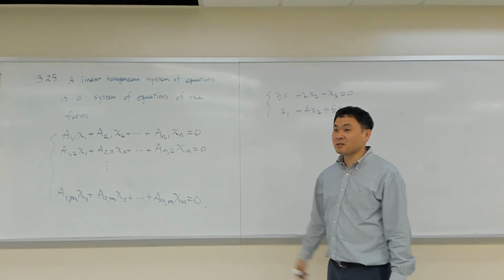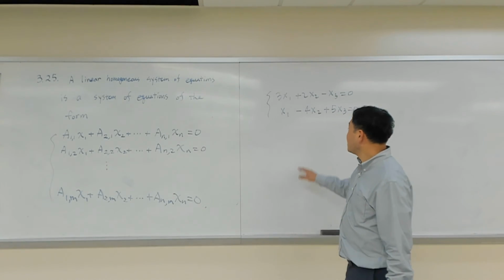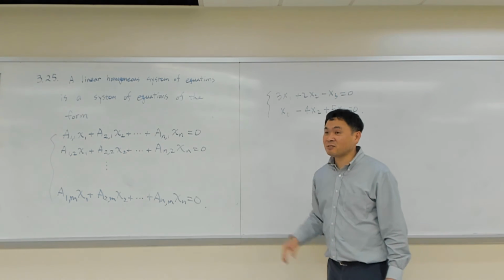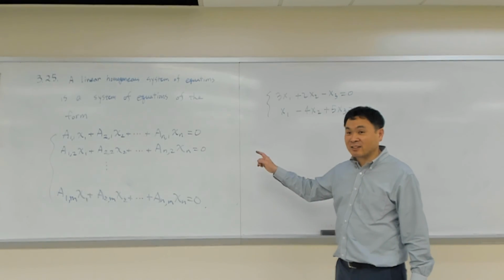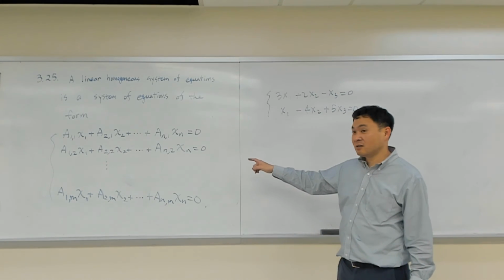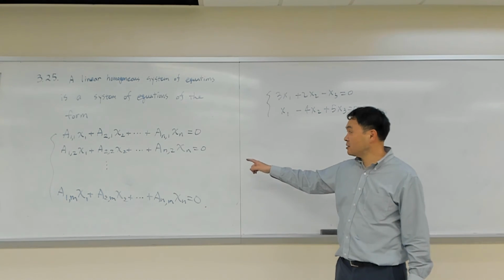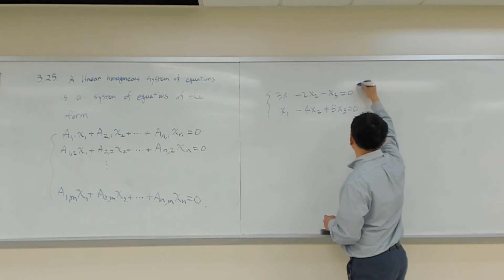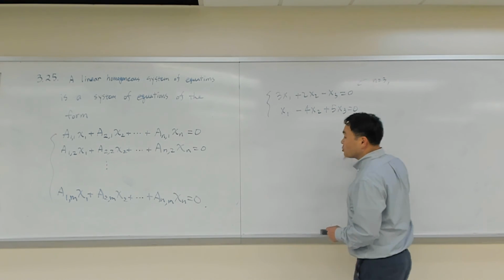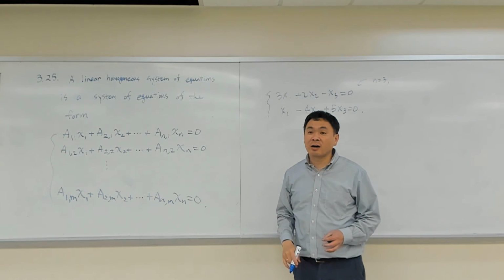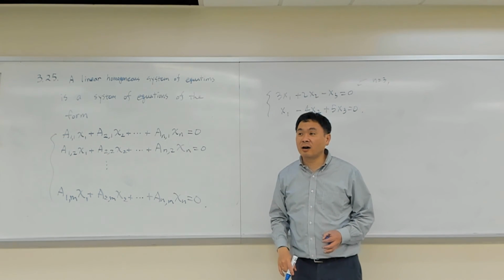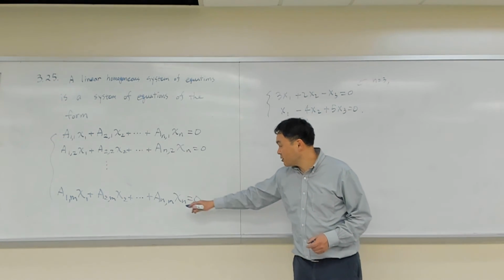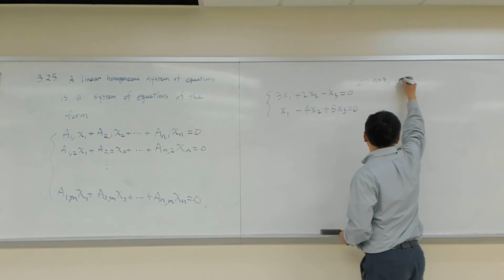That's like this, right? If you view this as this, what's the value for n? n is 3. So this is the case when n is 3. What's the value for m? 2, right? m is 2.